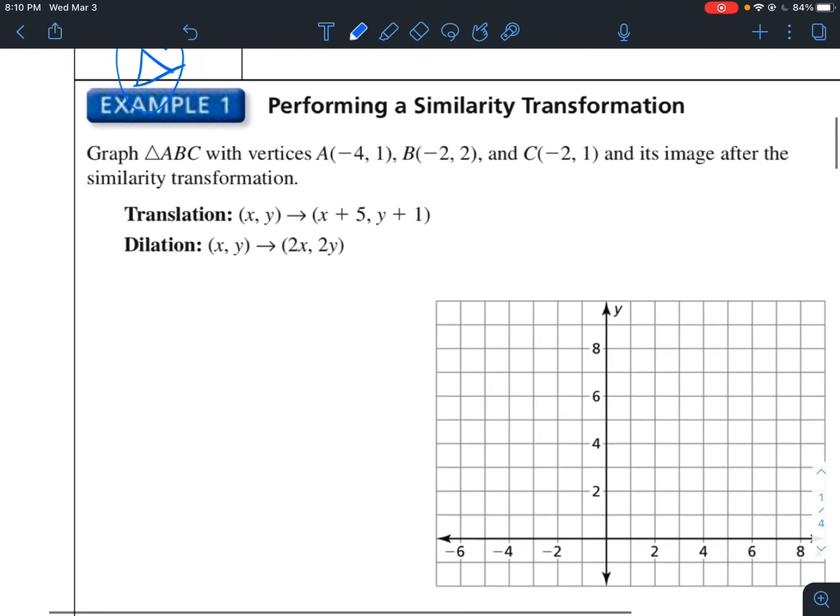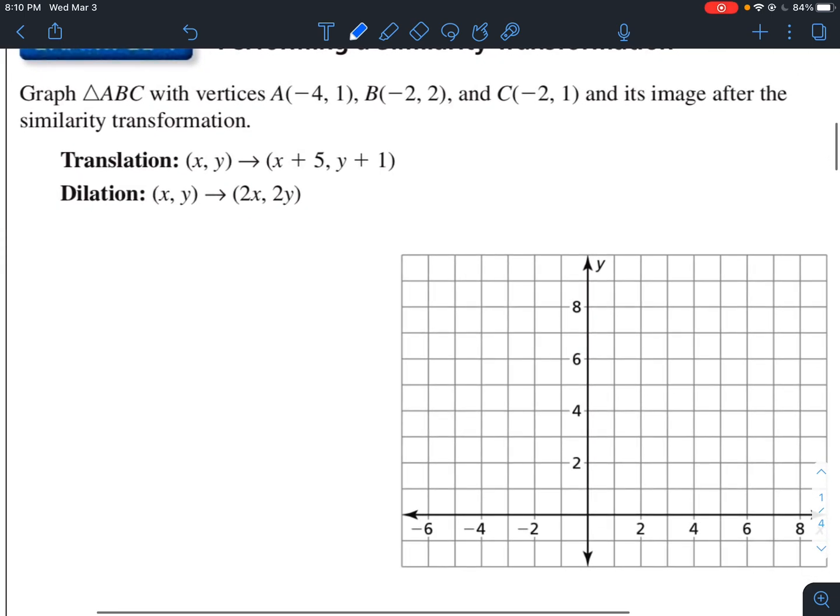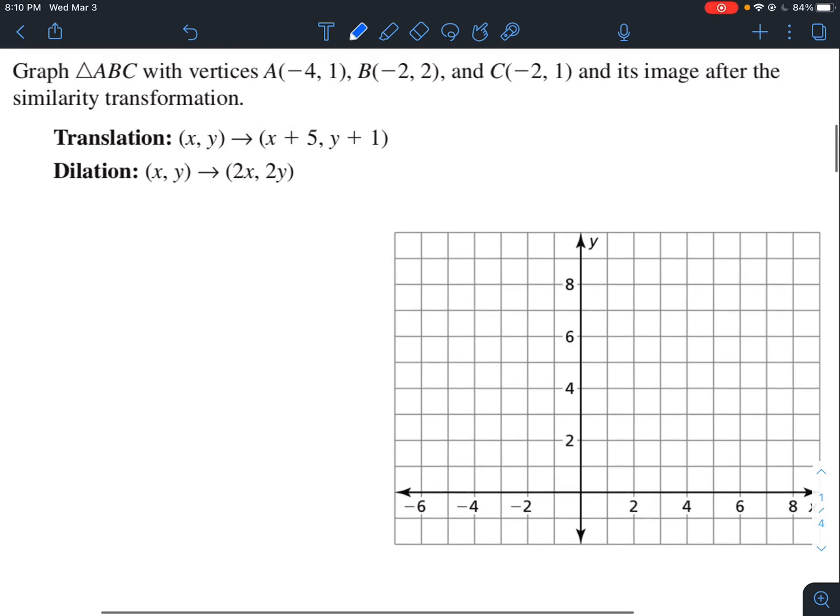So in this example, let's graph the triangle ABC with these vertices. Point A is negative 4, 1. B is negative 2, 2, and C is negative 2, 1.